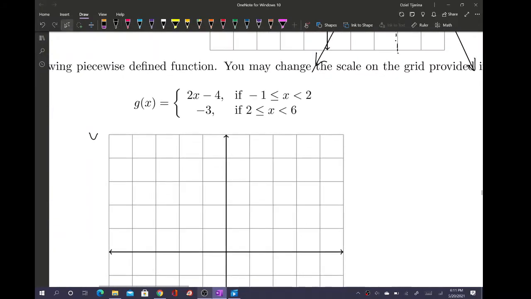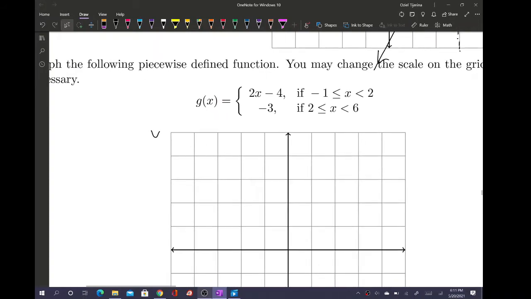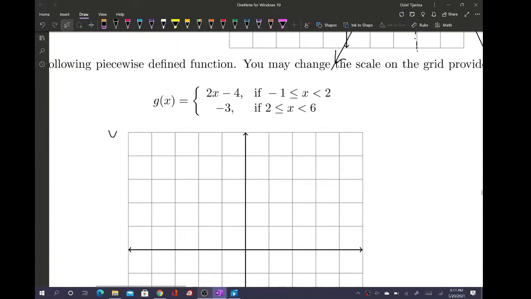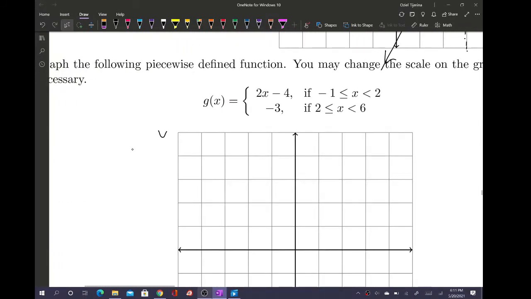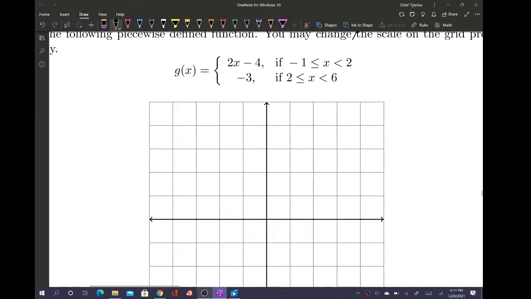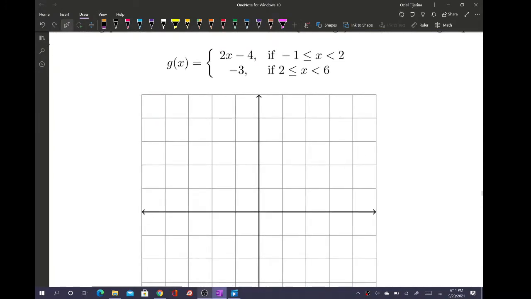So we have this piecewise defined function, and we want to go ahead and graph it, right?